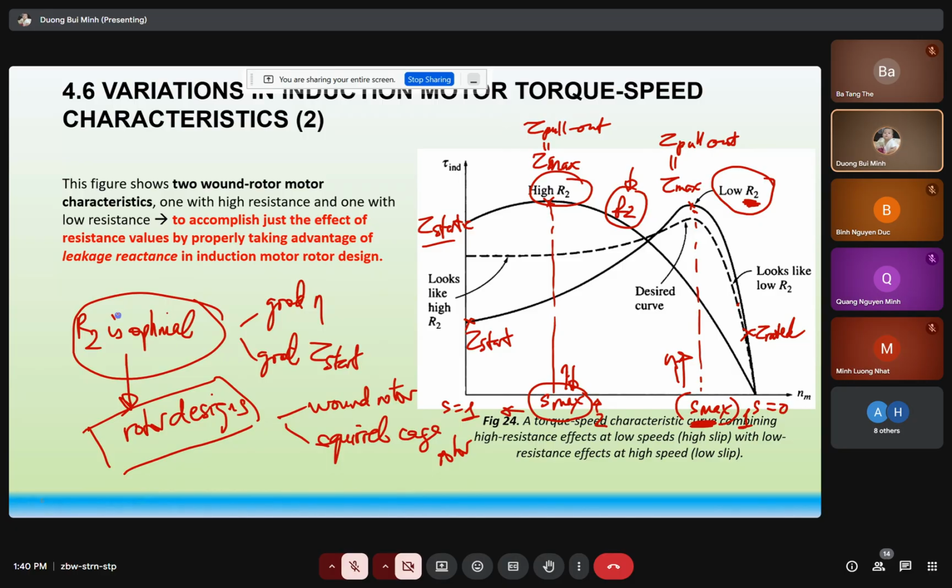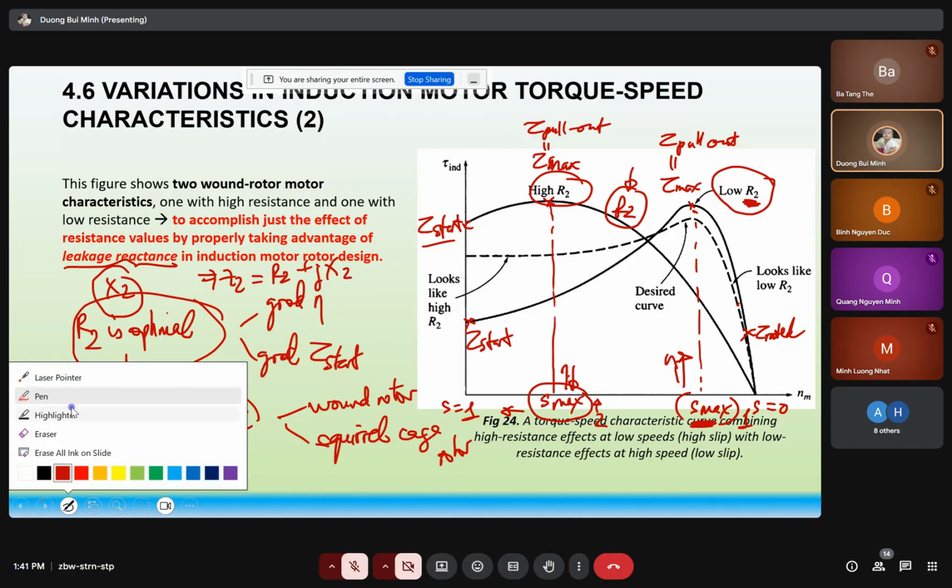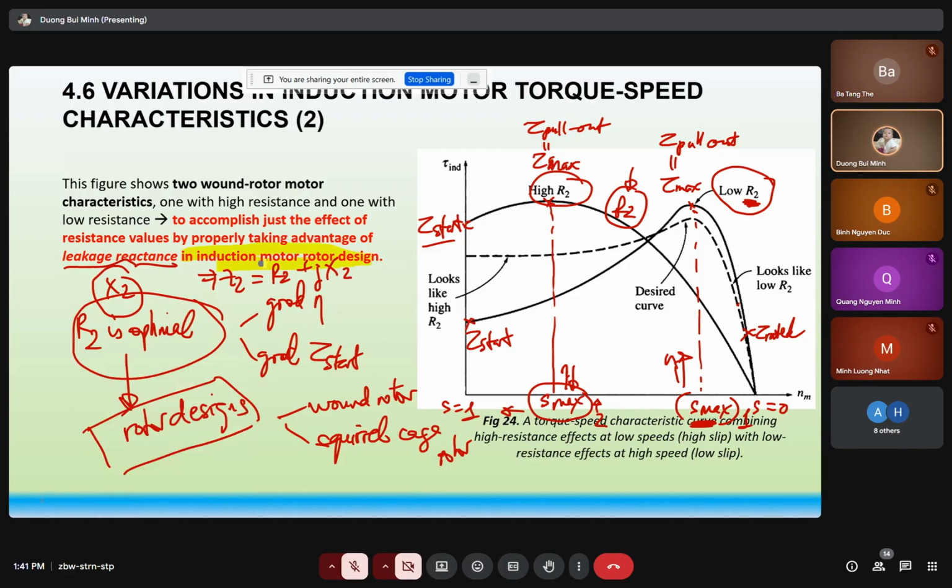Besides that, we also consider leakage reactance, that means we have X2. So we think about Z2 equals R2 plus jX2. Now we have many induction motor rotor designs to consider good efficiency and good starting torque. Any questions, please?